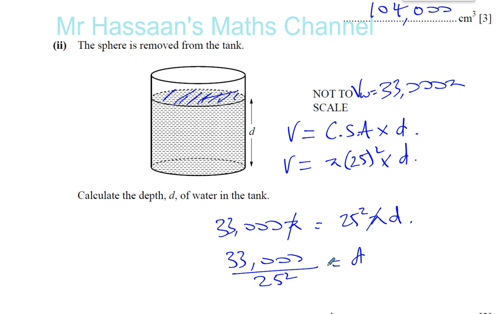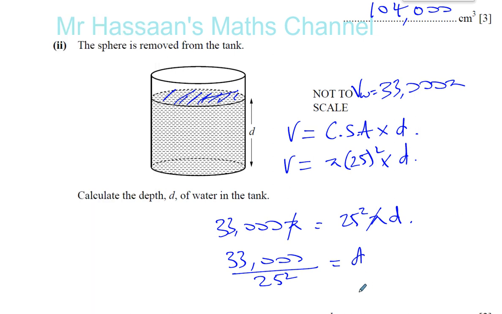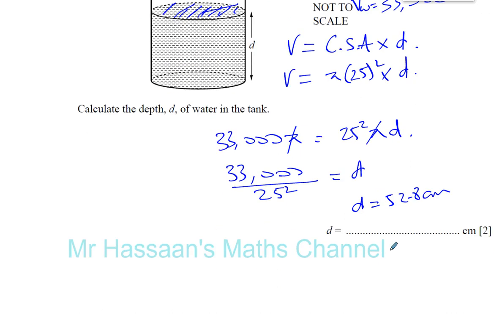So 33,000 divided by 25 squared, which is 625. That gives you 264 over 5, which is 52.8 centimeters. That's our answer.